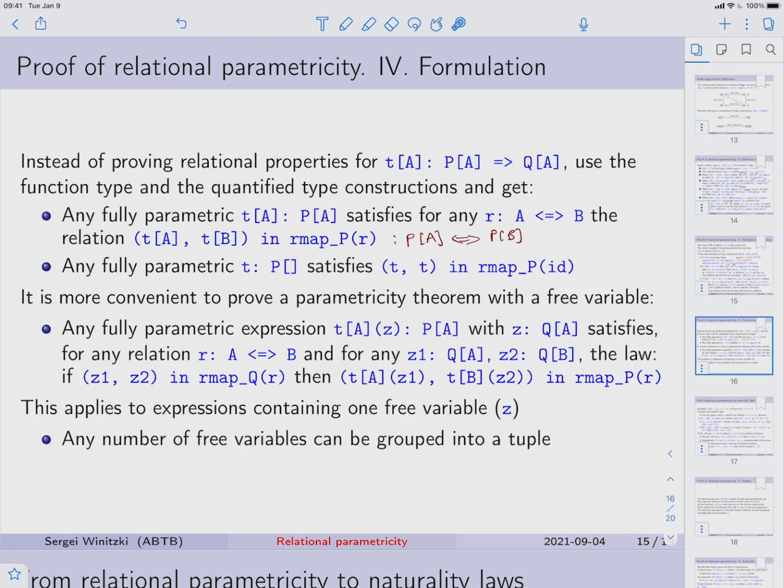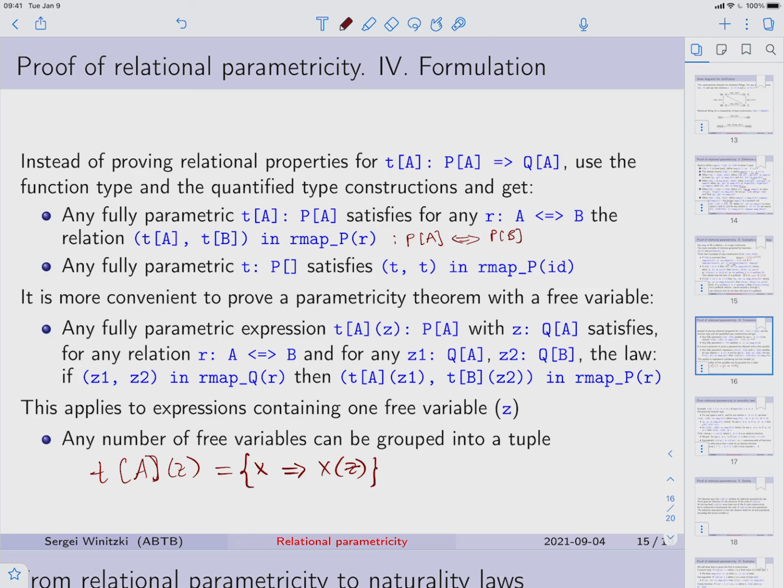So let's say Z is a free variable. In other words, it's some kind of argument which is not defined inside T of A. So for example, T of A of Z could be, let's say, a function x going to x of Z. Now, the type of x needs to be correct for this to work, but we can easily do that.